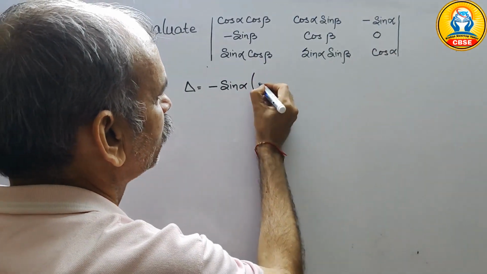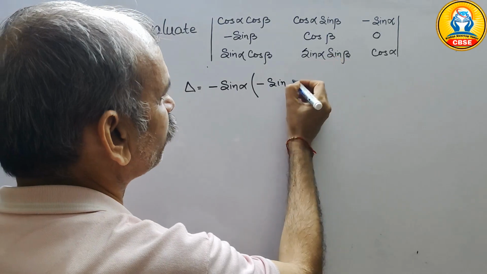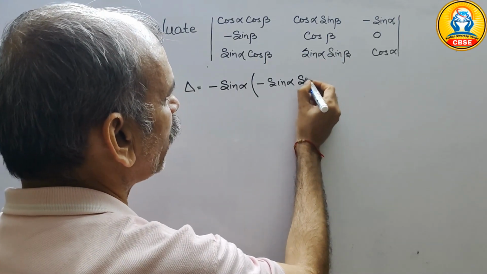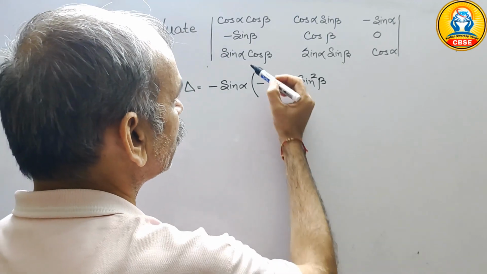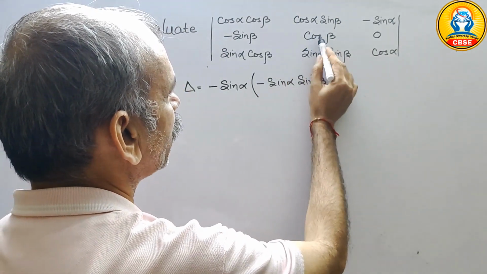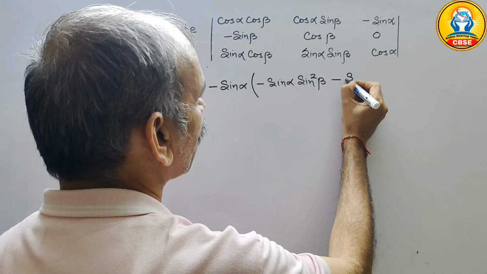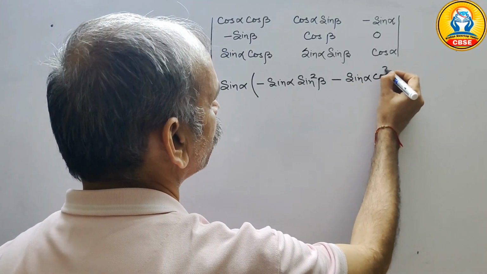So we will get minus sin alpha and sin square beta. And here minus of, here we will get cos beta, and this means it will be sin alpha and cos square beta.